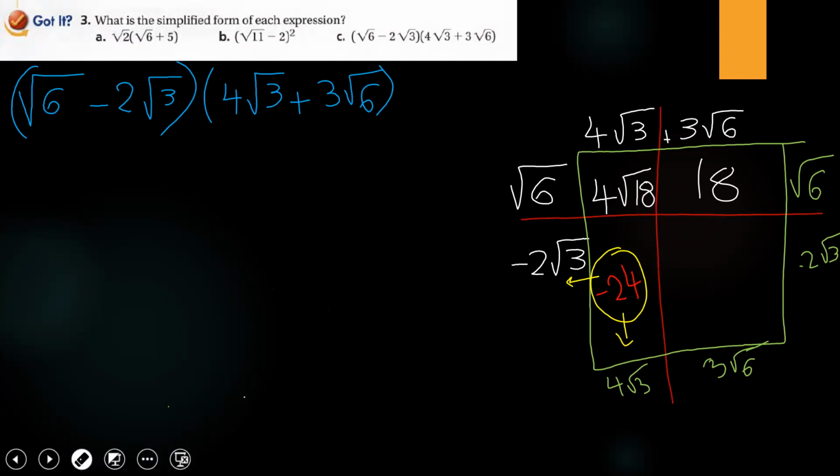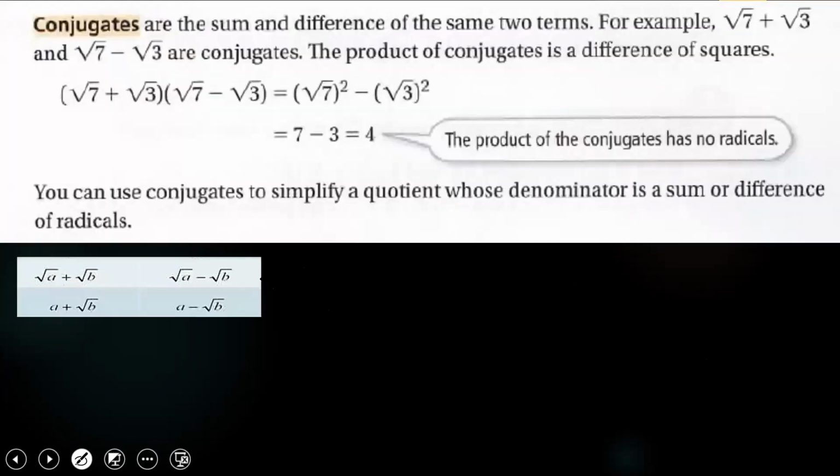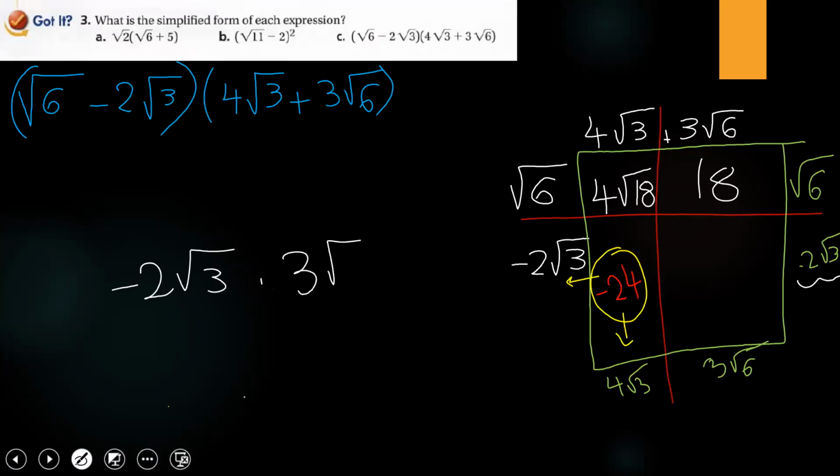Here we have to multiply negative 2 square root of 3 times 3 square root of 6.